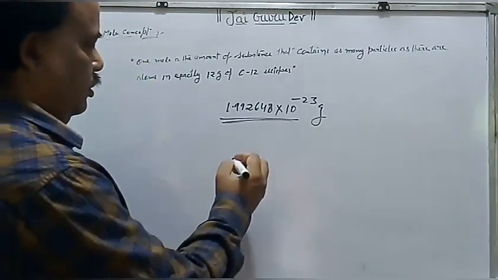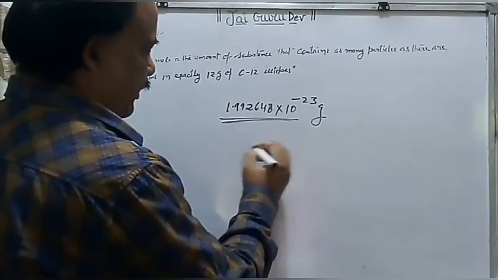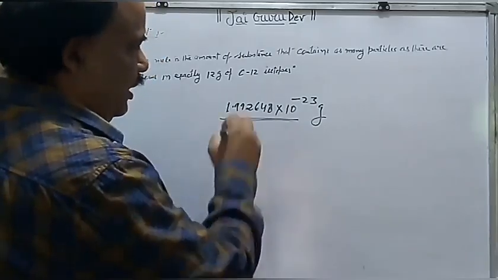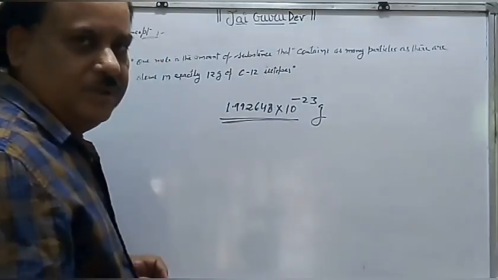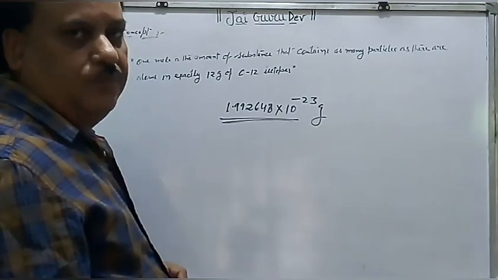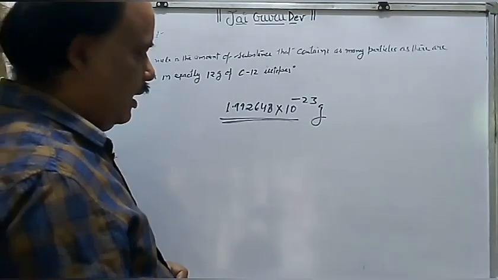So we can calculate the number of atoms of C12 isotope in exactly 12 gram.